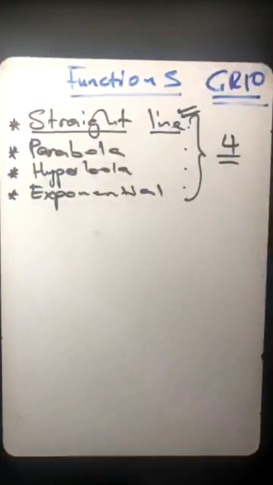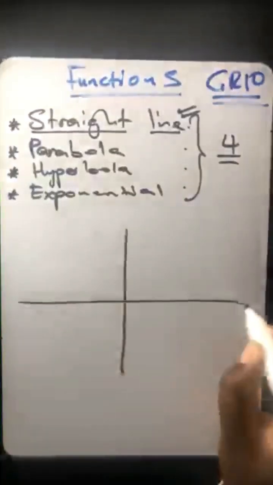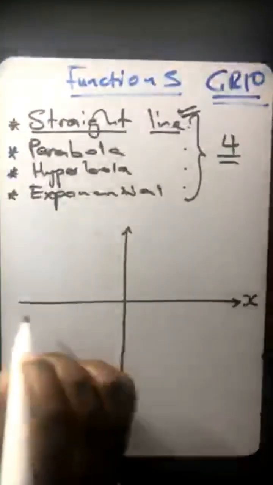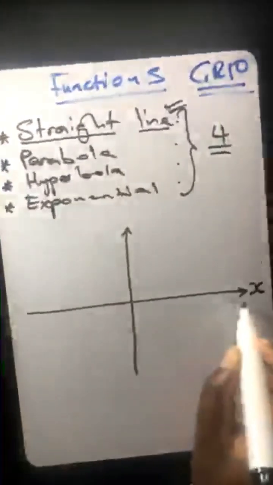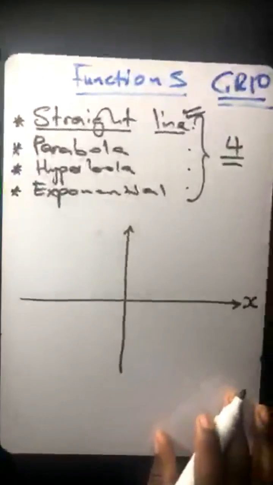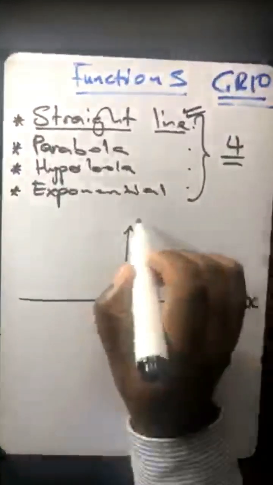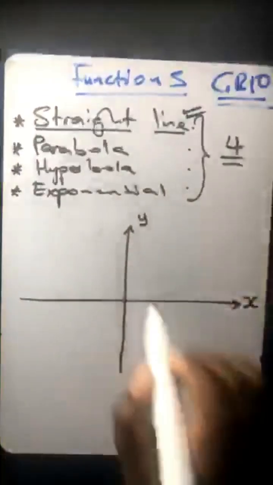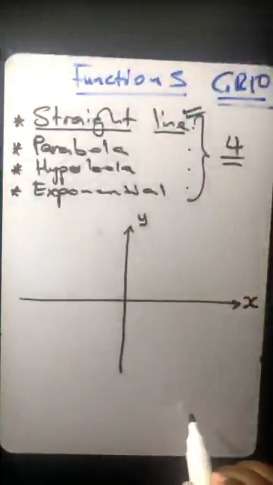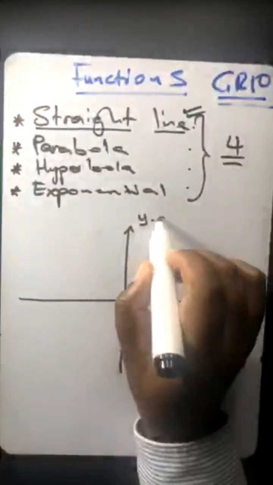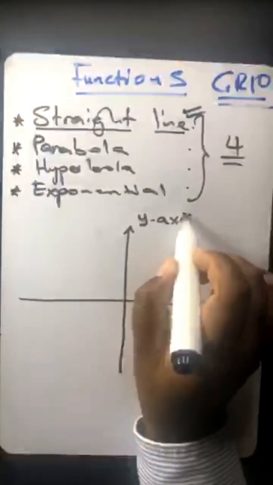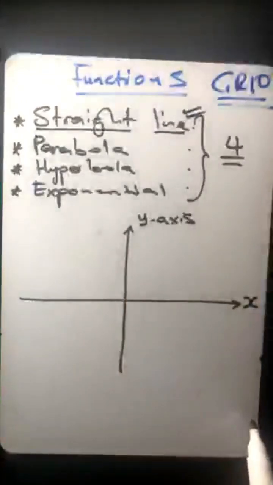Guys, a Cartesian plane is something looking similar to that, where you have this horizontal straight line called the x-axis. You also have this vertical straight line called the y-axis.